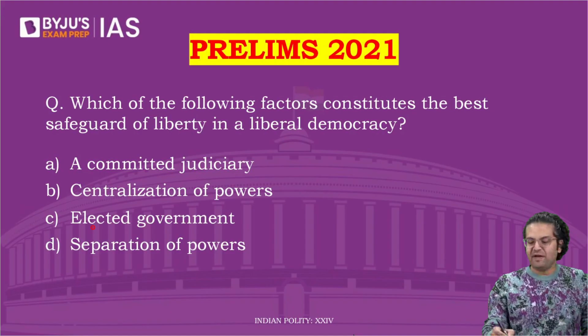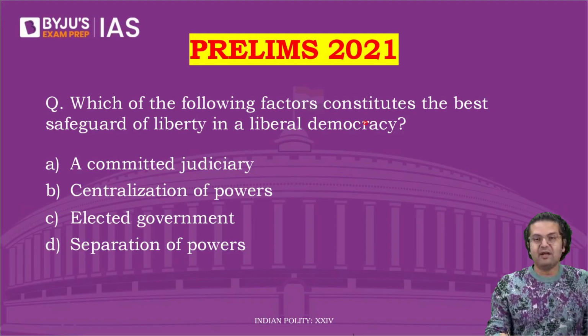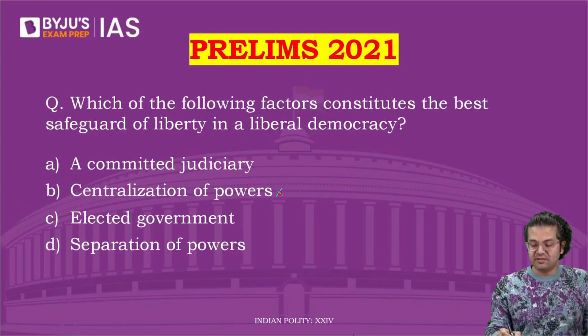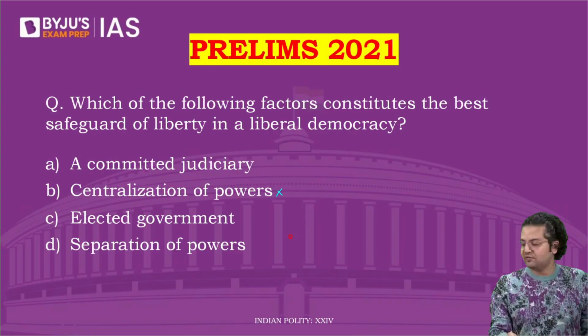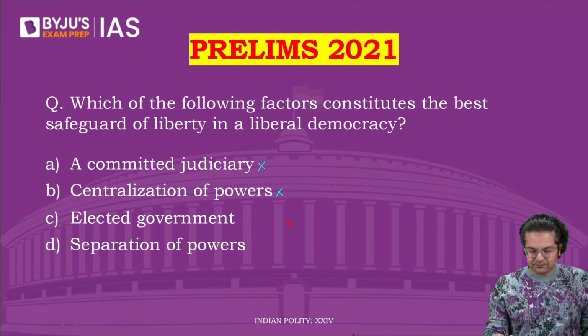The following factors constitutes the best safeguard for liberty. Centralization of power, not possible. Committed judiciary is a negative concept, not possible. Remember this word, committed judiciary? We discussed this under ADM Jabalpur case, emergency.